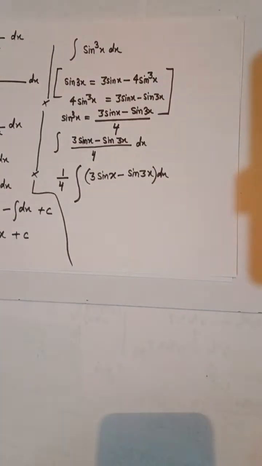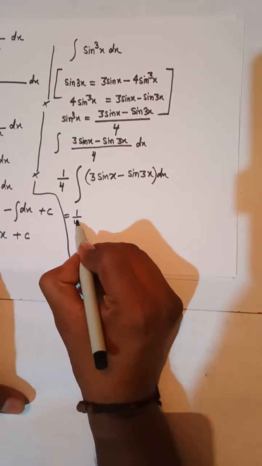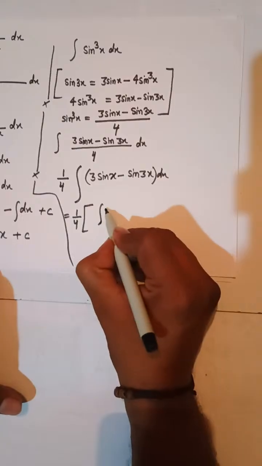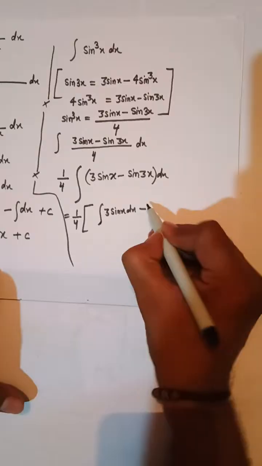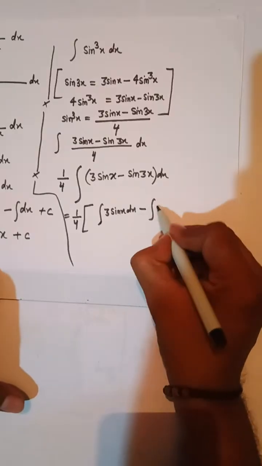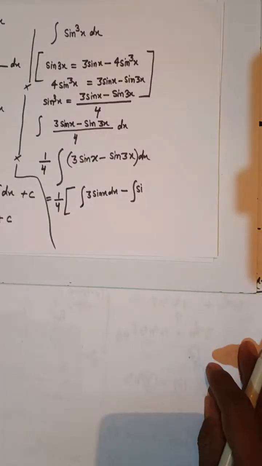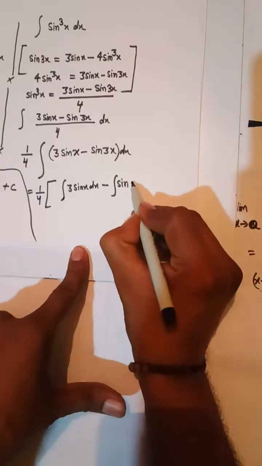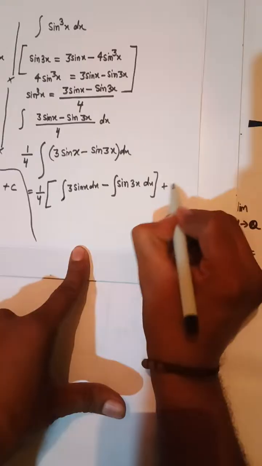Now it's easy to get the integration. Here I have 1 by 4, and then integration of 3 sine x dx, negative integration of sine 3x dx, then plus c.